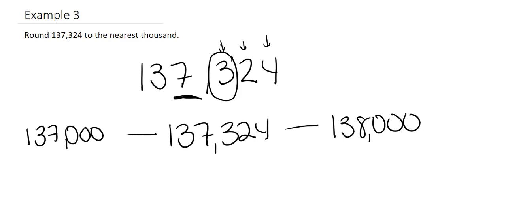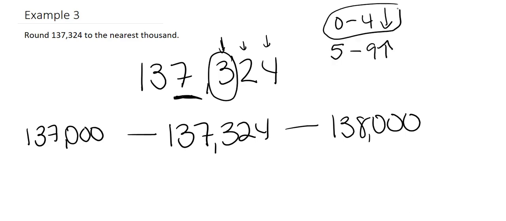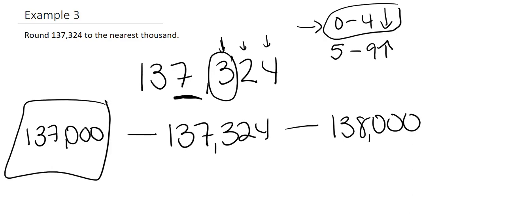Let's look at that 3. If it's between 0 to 4, we round down. Between 5 to 9, we round up. So we see it's a 3, so we know we're rounding down. So this would be our solution. Once again, notice that we changed the 3 to a 0, the 2 to a 0, and the 4 to a 0, because we're looking at the nearest 1,000.